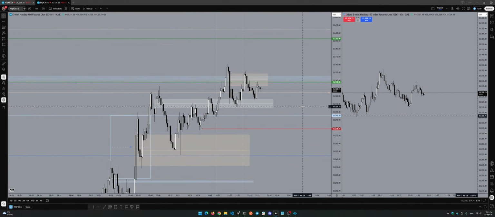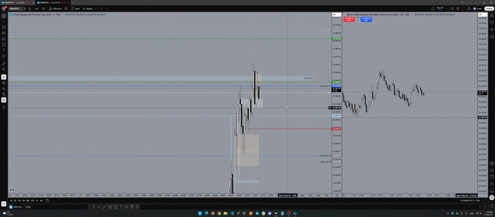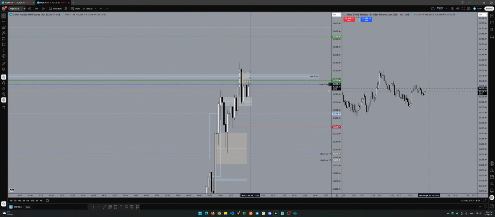So, I don't know. In 5 minutes, we have closes under the new week opening gap high, and this fair value gap is respected, the midpoint.